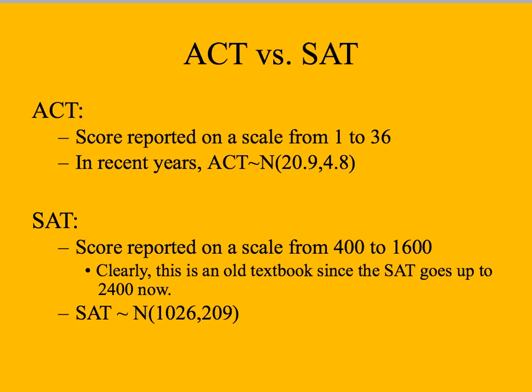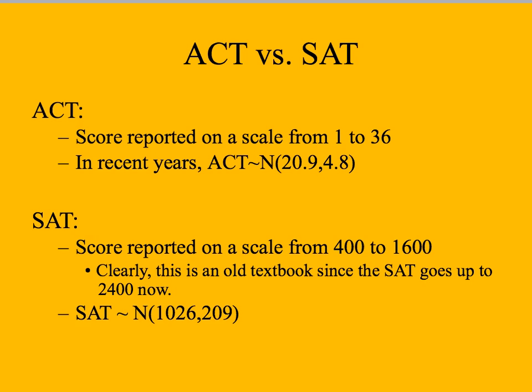Okay. As a background for this next question, we're talking about the ACT score and the SAT score, which are the tests that students take to get into college. The ACT score is scored from 1 to 36, and as of the publication of this textbook, scores were normally distributed with an average of 20.9 and a standard deviation of 4.8.